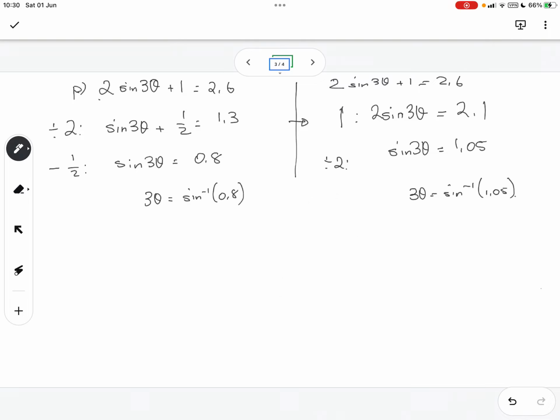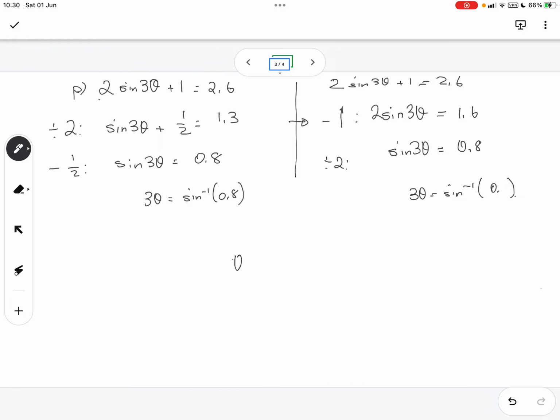So it's supposed to be minus 1 so that 2 sine 3 theta equals 1.6. Yes. So that when you divide by 2, then the 1.6 becomes 0.8. And then we are left with working out the arcsine of 0.8, and that equals 3 theta.